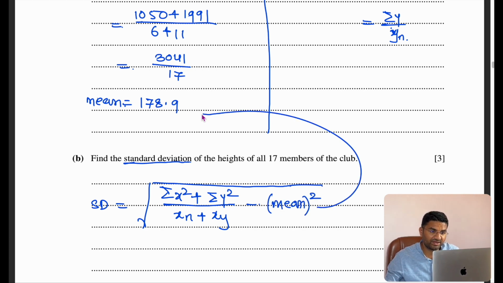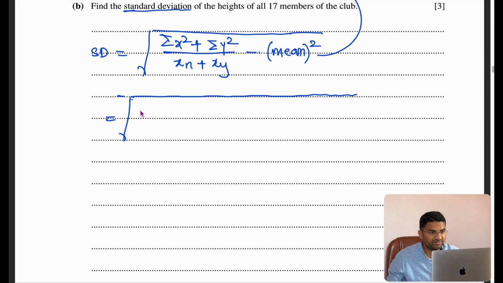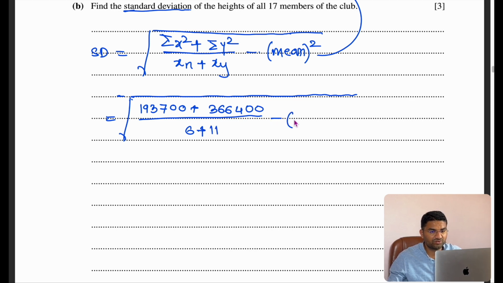So summation of x square is 193,700 plus 366,400, divided by 6 plus 11, minus 178.8 bracket square.